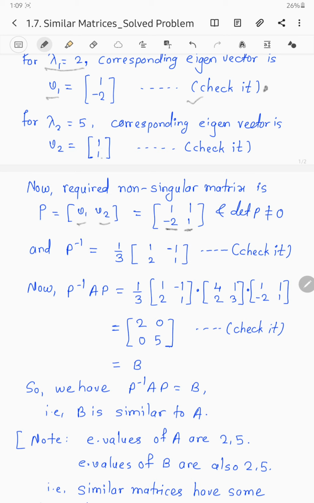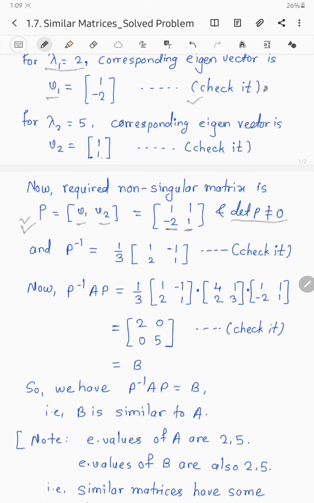Now by this method we will have a matrix P. How do we find matrix P? For a given matrix A, we find the eigenvalues. From the eigenvalues we find the eigenvectors. Then I put these eigenvectors in columns so that I get this matrix P. You can check that the determinant of this P is non-zero.